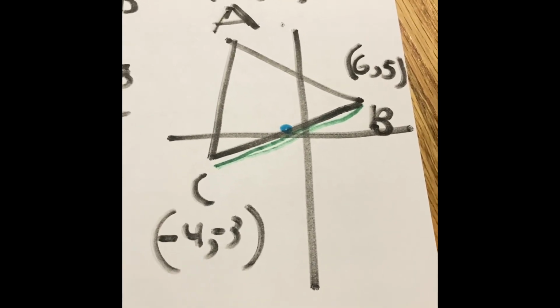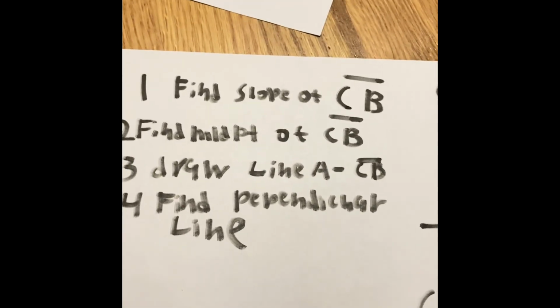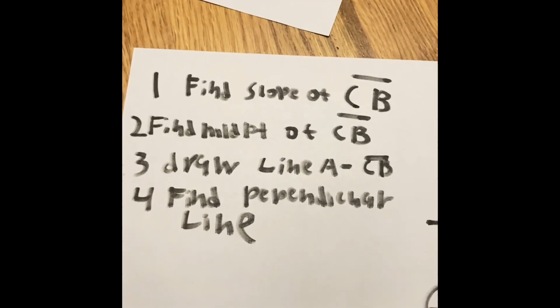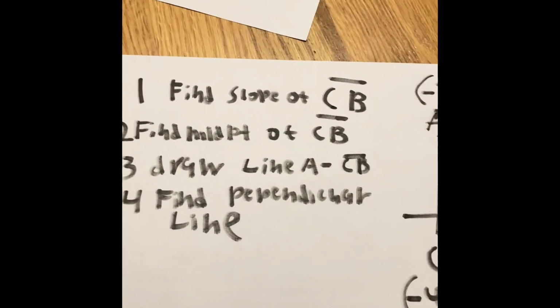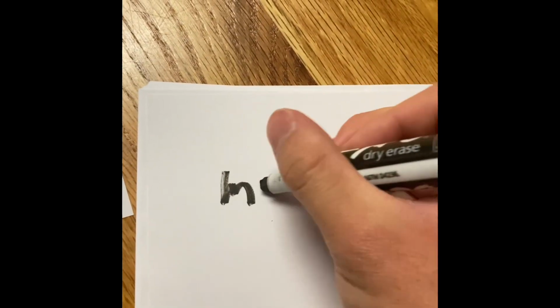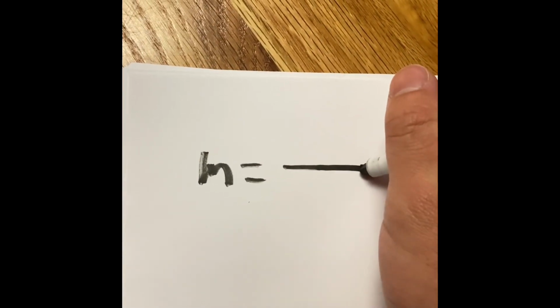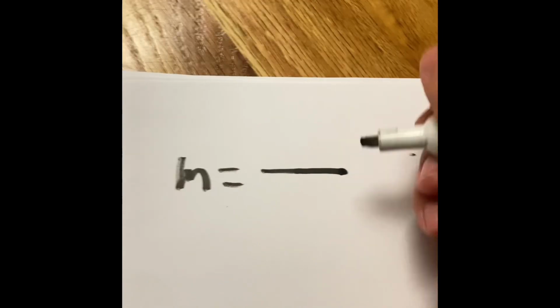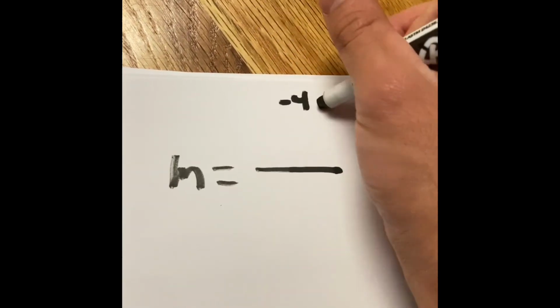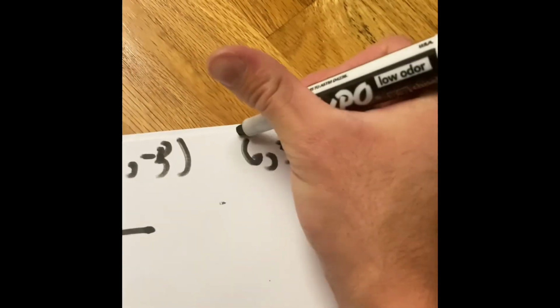So let's find the slope of CB. If we start doing that, we remember that the slope was m equals y2 minus y1 divided by x2 minus x1. So we're going to have 2 points, (-4, -3) and (6, 5).